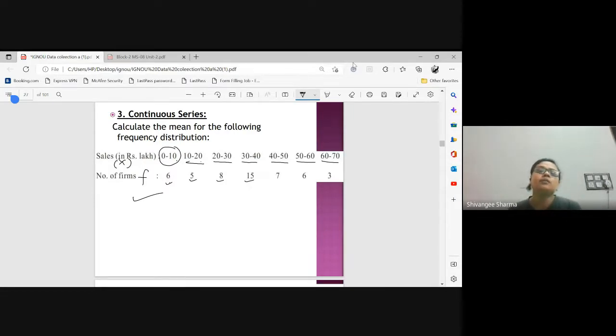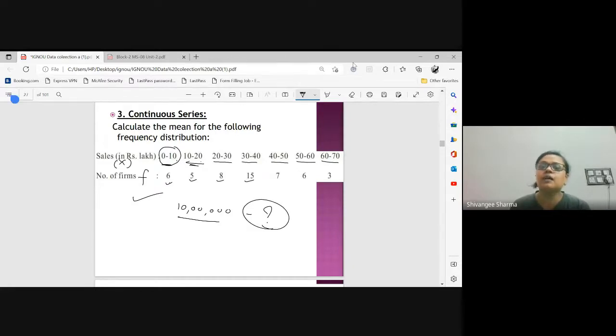See, there can be a confusion also. Suppose a company is having a sale of 10 lakh rupees, then that company will come in the group of 0 to 10 or 10 to 20. This question can be there. So when there is a continuous series, then always the higher number is considered in the second group.